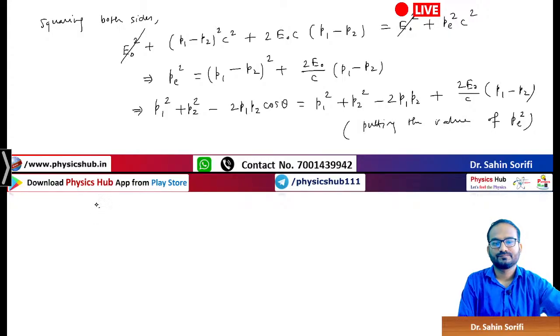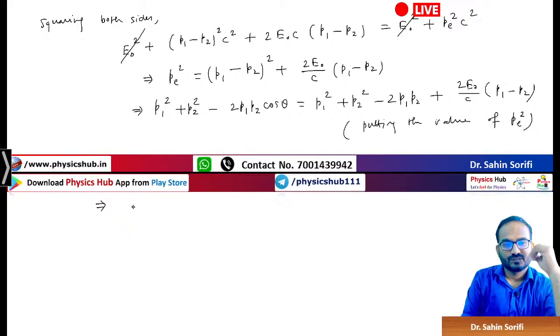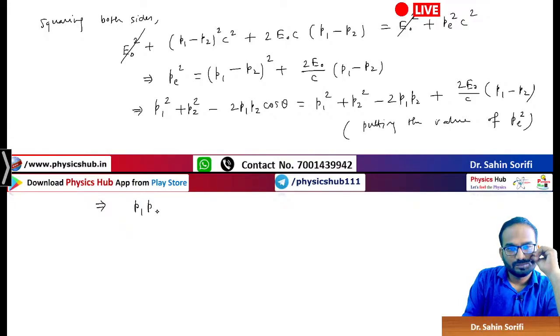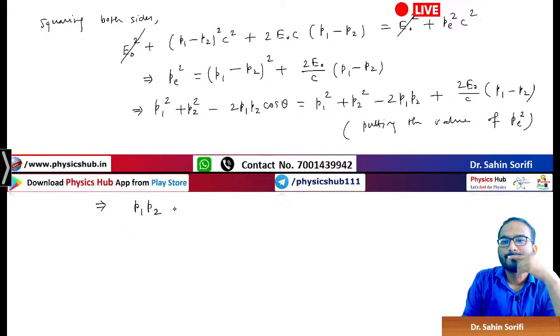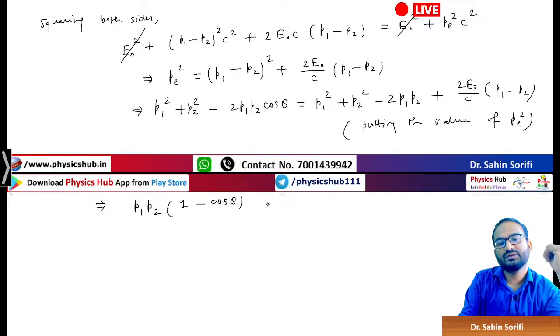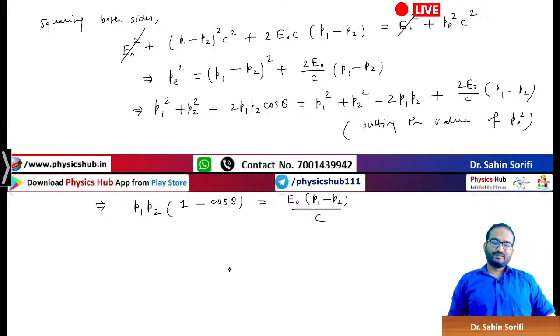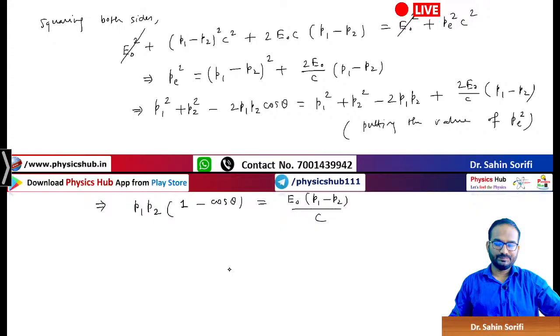Therefore, P1 P2 into (1 minus cos theta). This 2 is also getting cancelled with this 2. So we have E naught times (P1 minus P2) divided by c. I think everything is going smoothly till now.